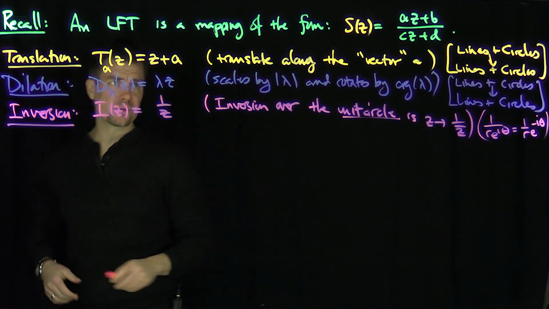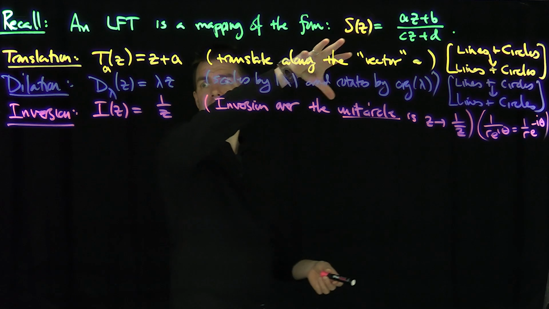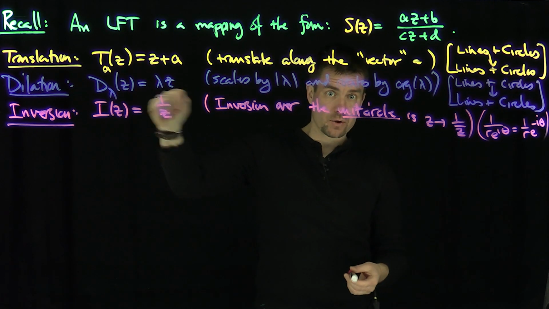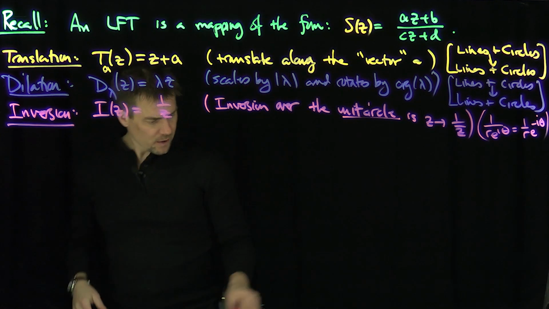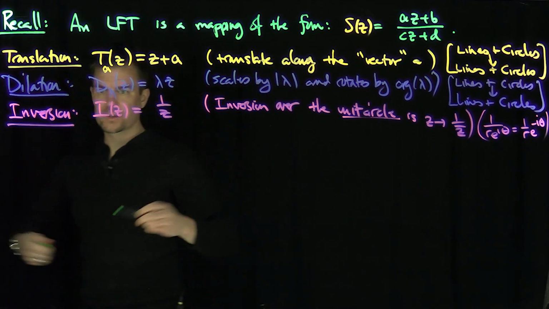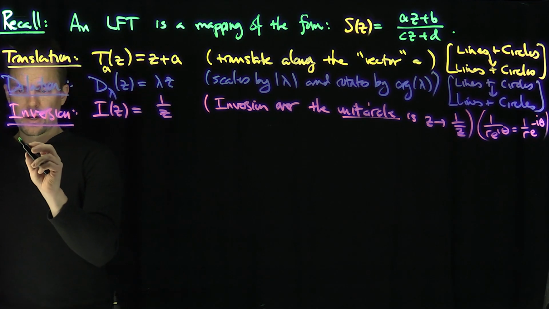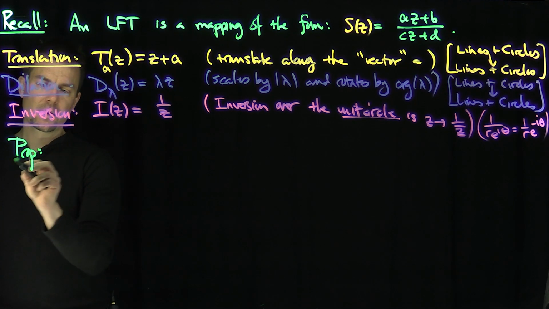So we have those 3 transformations. But I claim I can write these LFTs S as a combination of these mappings over here. So let's do that. This is one of the most common exercises in complex analysis. Here's a proposition.